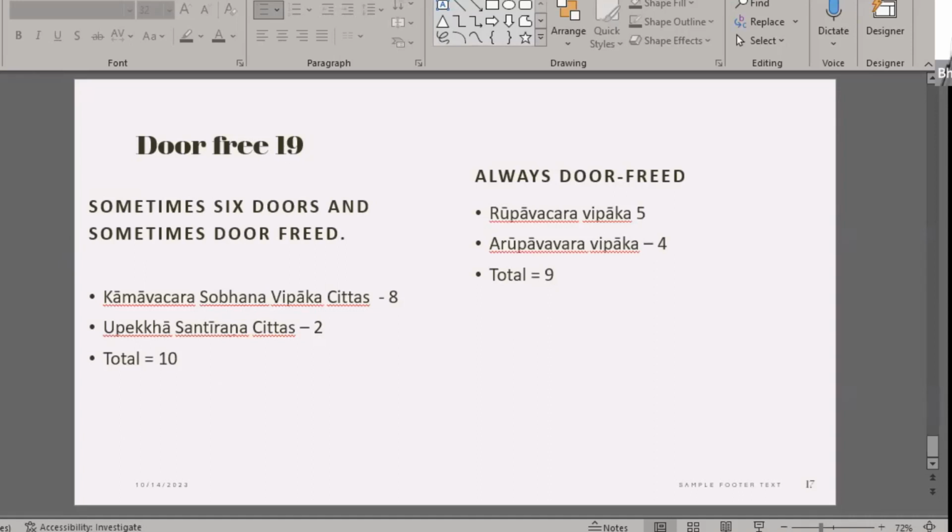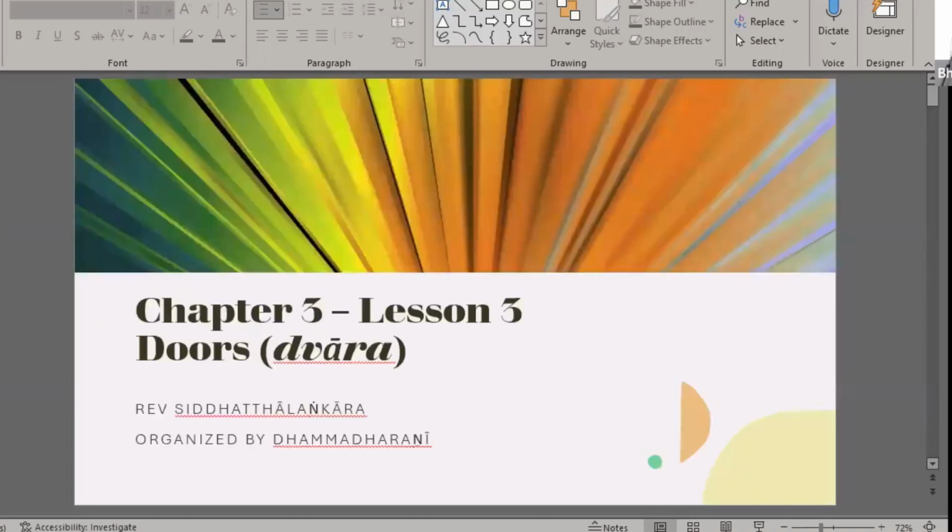So these are the things we have to summarize in this lesson. Next week we will do the final section of chapter 3, that is basis or Vatthu. Also, please pay attention to previous sections, because as I mentioned, it's like a chain connected with each other.